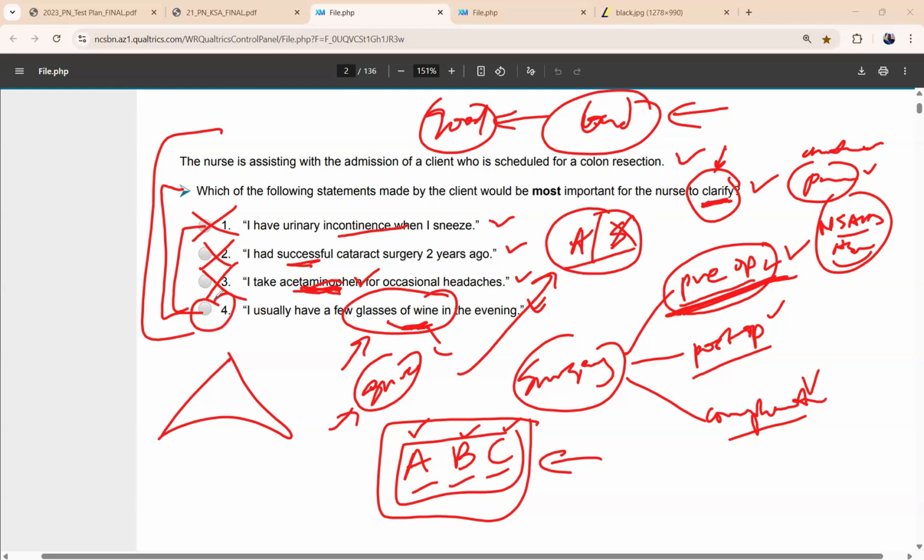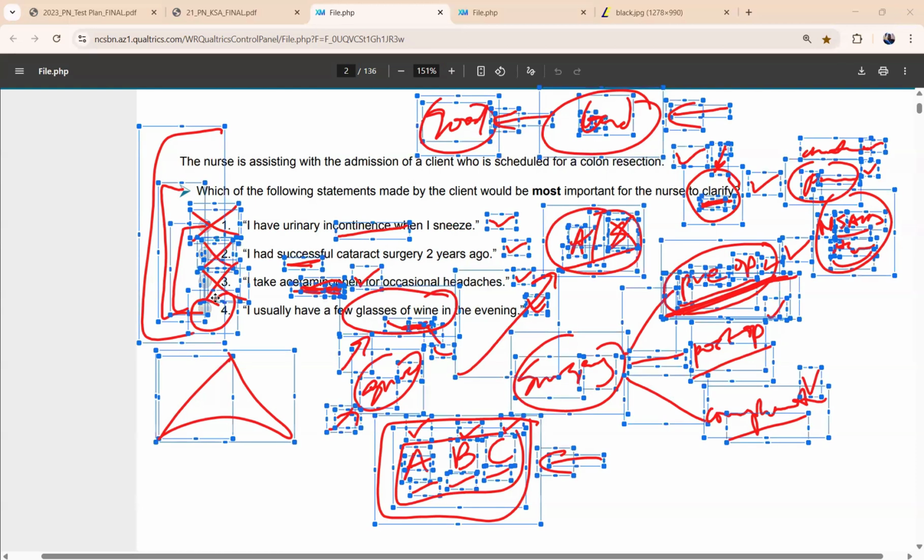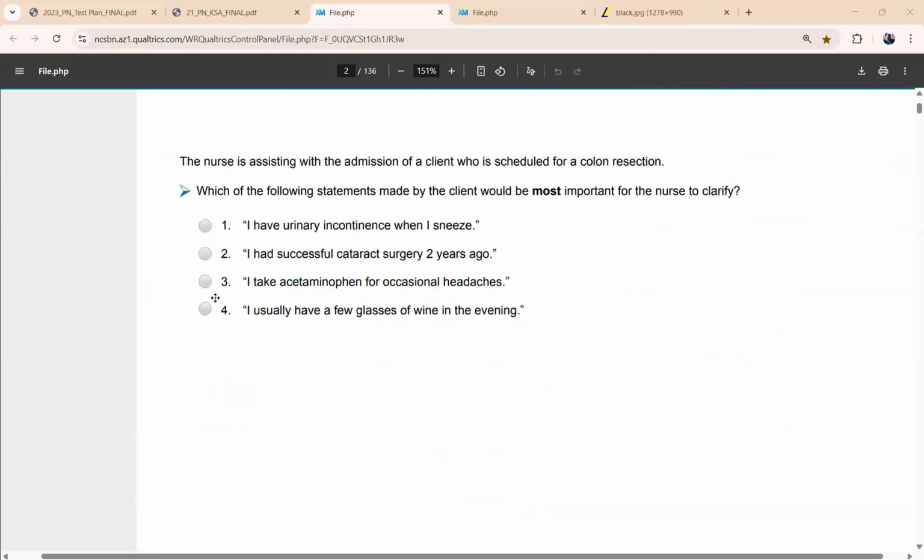True. So true, but I didn't even think about the wine part. I was thinking about fasting 8 to 12 hours before the surgery. That's why I didn't think about the alcohol part. Yeah, but there's one thing. NCLEX is very smart. NCLEX knows that when they talk about drinking, you might likely be thinking about nothing by mouth, or don't take anything after 12 midnight.